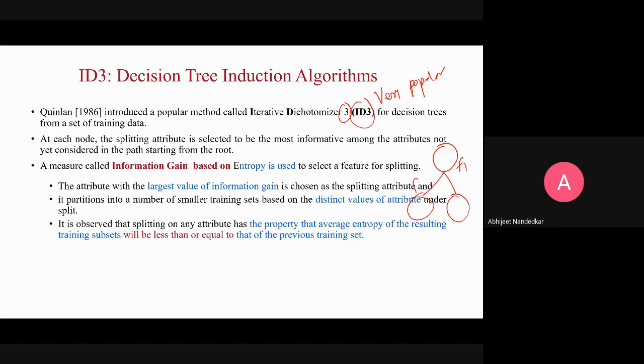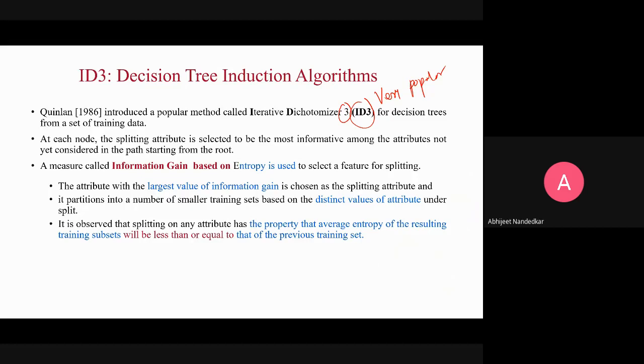Then I use F3 here to break it further, maybe F5 here, and I keep on doing like this. Every time I use a feature which is not used already. Say F1 was used here, so I will not consider F1 again; other than F1, whatever is there, I will try to use, until I exhaust the remaining features.